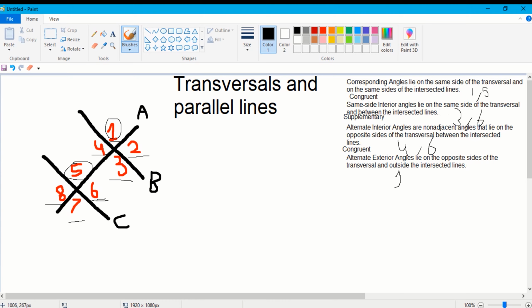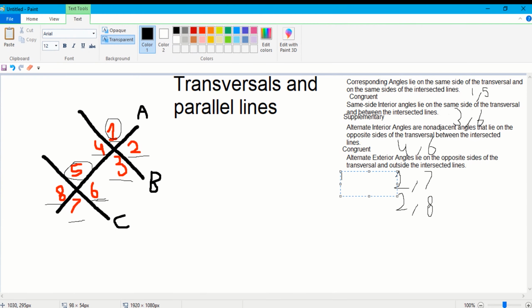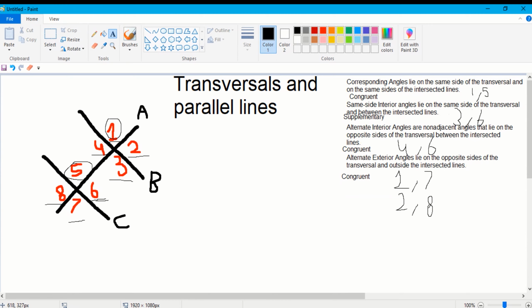Sorry, just made a mistake. So here we just put 1 and 7, 2 and 8, and they are congruent. So we'll just write congruent here. And I guess this is it for this.